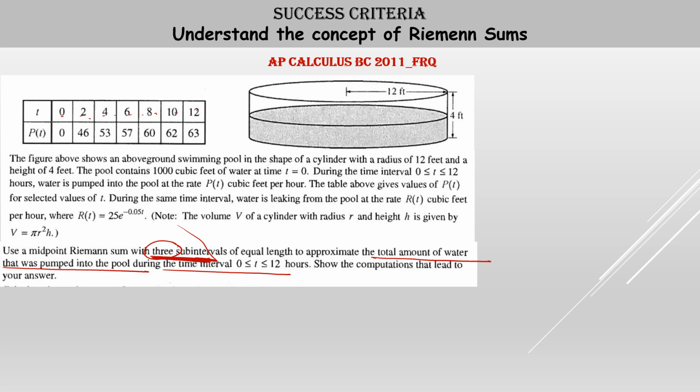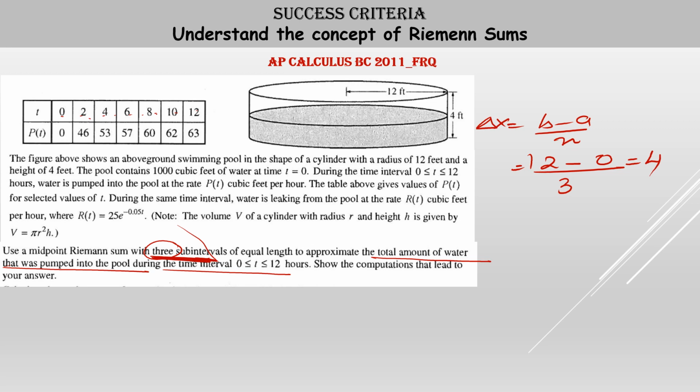The width is equally divided. So you have to use your formula, B minus A over N. B is the last point, A is the first point, and there are 3 subintervals. So the width of each rectangle will be 4.